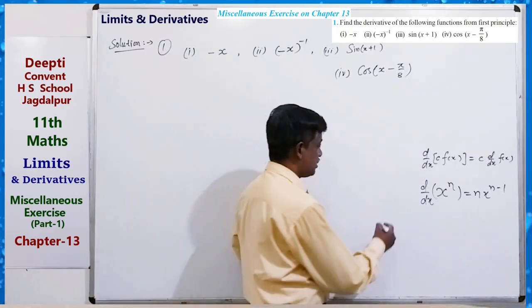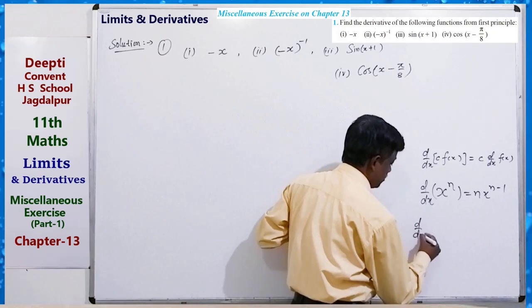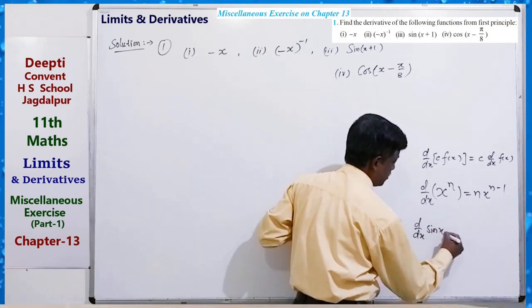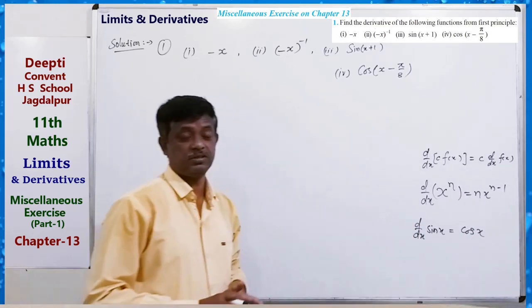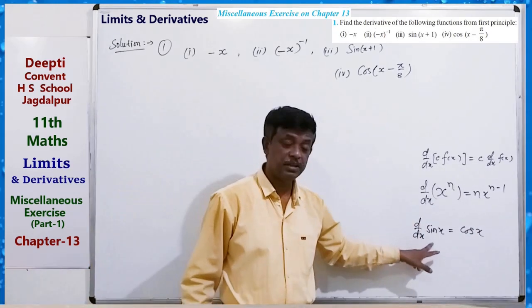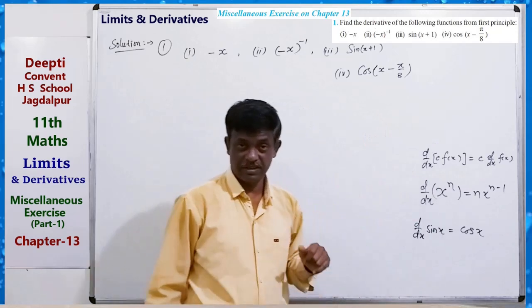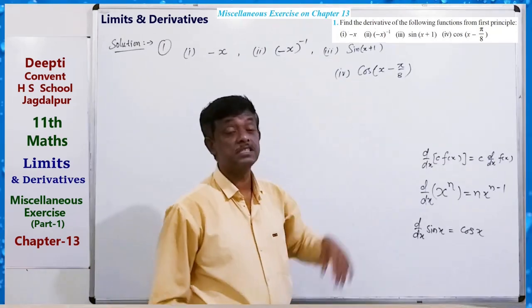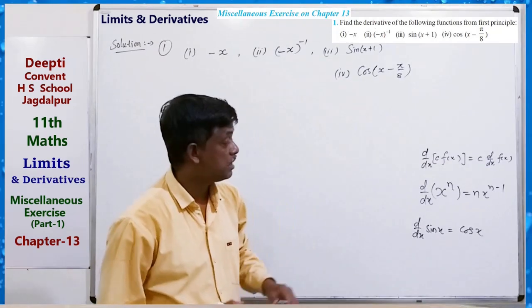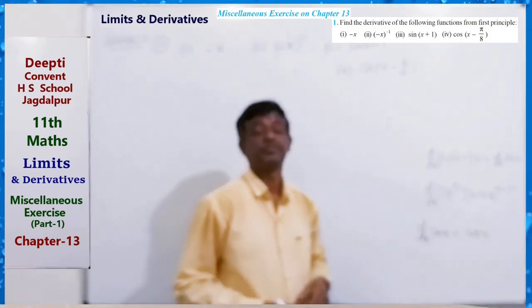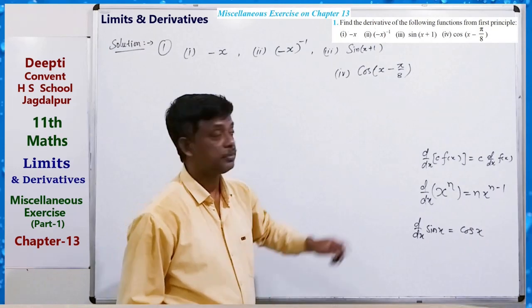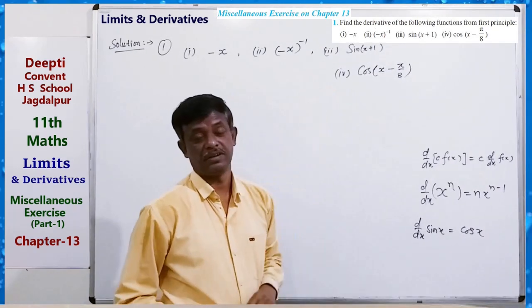Here sin x plus 1. We know the derivative of sin x is cos x, because you can also prove it by the first principle method. But for sin x plus 1, what will be the derivative? For that we can also use the first principle method.